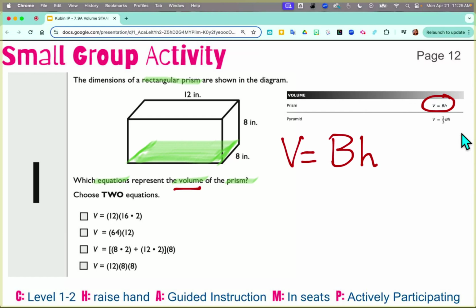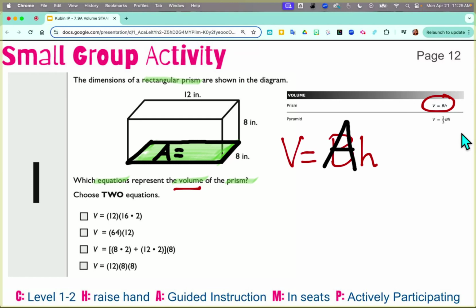Now, I always tell every student in my classroom to change this capital B to an A, because it is the area of the base. It does not mean the base of the base. It actually means to find the area of this rectangle.